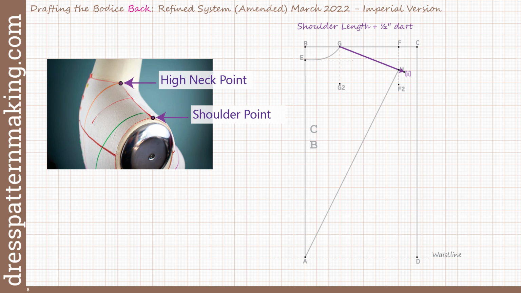Using that total, shoulder length plus dart amount, draw a line from point G at the neck to pass through point H, the shoulder slope point, and mark the end of that line, point I. I have put point I in brackets because the capital I looks like a 1 and the lowercase seems to get lost, so that's the only reason it's there in brackets. Now mark the midway point on the shoulder line, midway between point G and I, and mark that midpoint J.